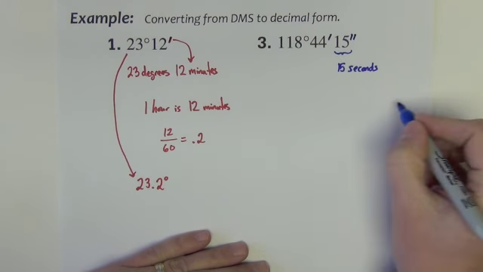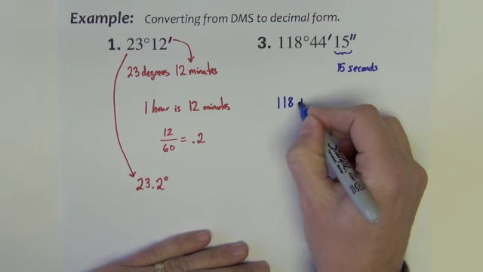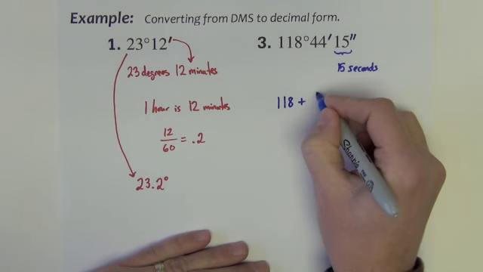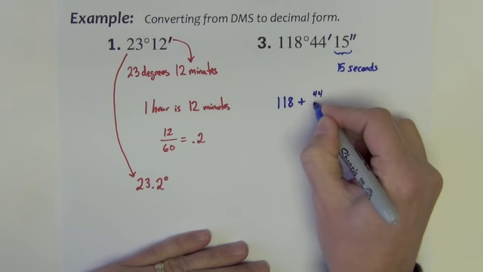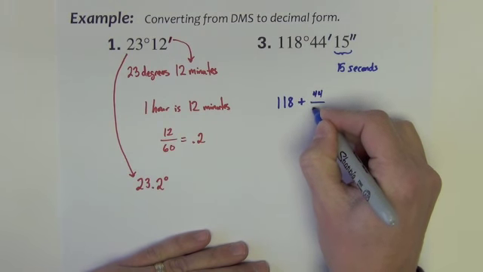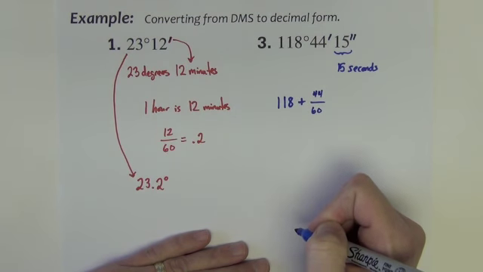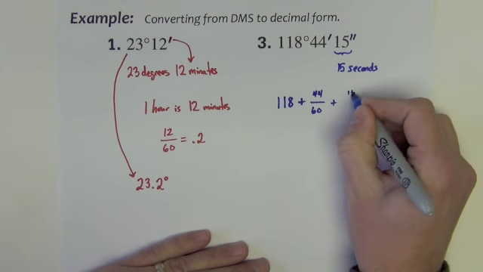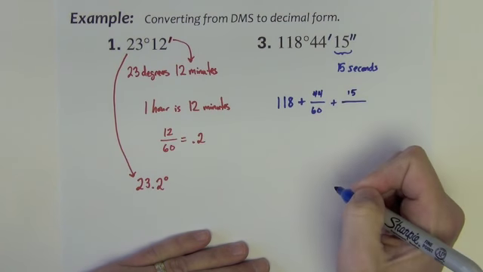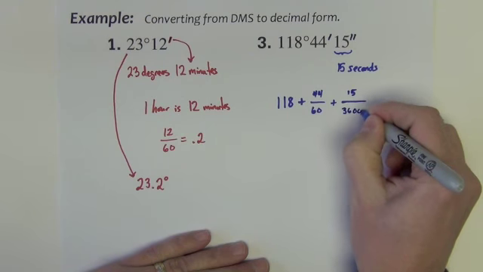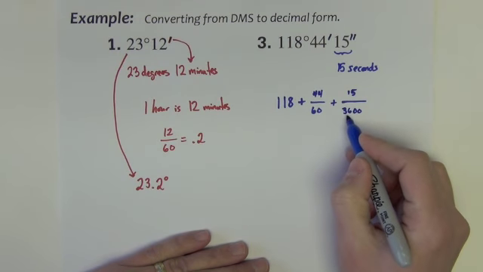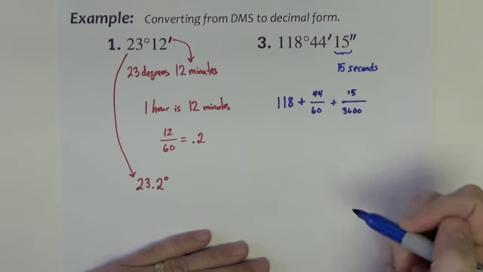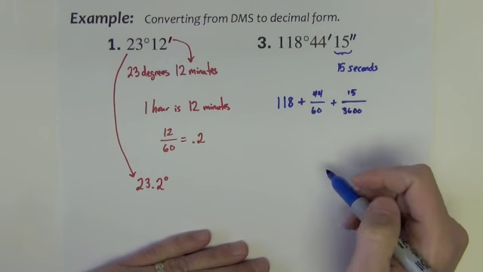It's 118 degrees plus 44 minutes out of 60 minutes that make up an hour, plus 15 seconds out of, I need to think how many seconds make up an hour, and that would be 60 times 60, 60 seconds in a minute, 60 minutes in an hour, so 3,600.